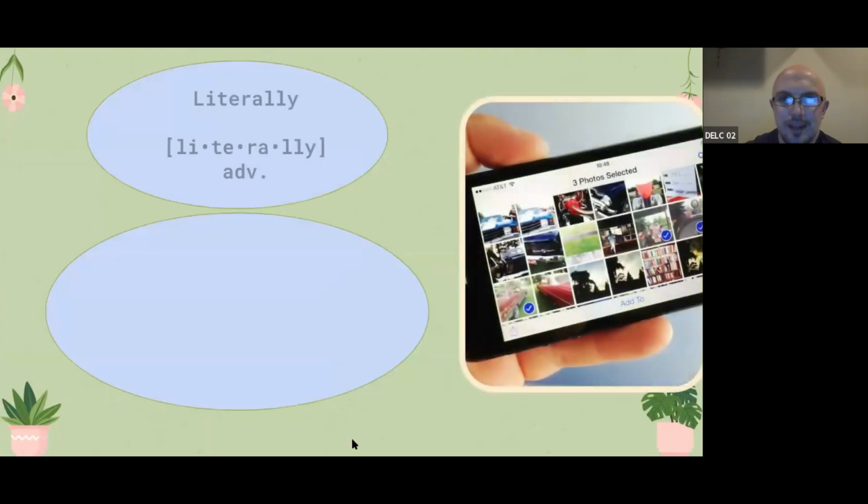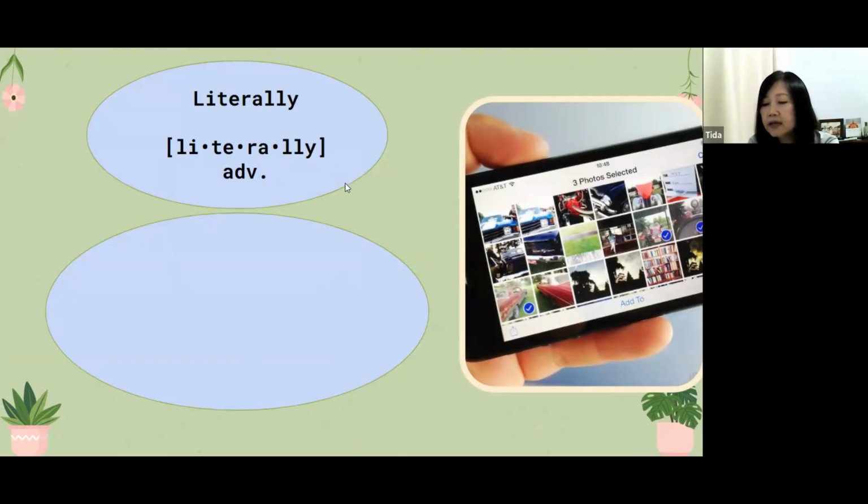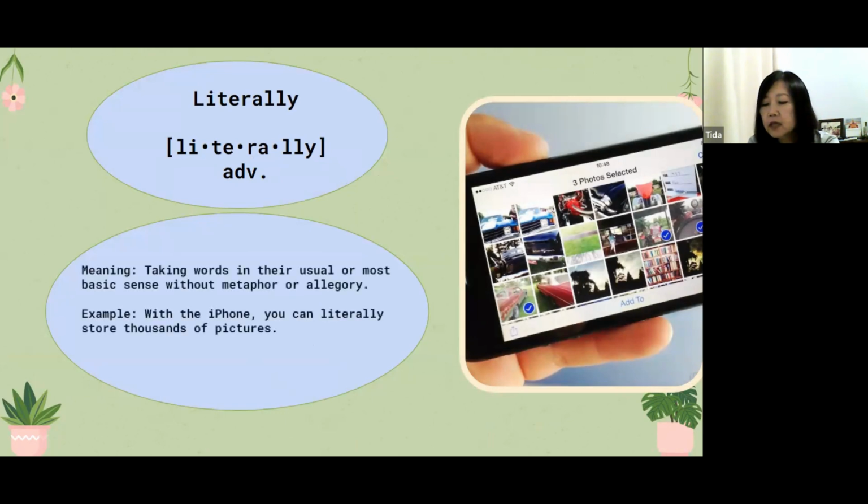Okay. And next, literally. Everyone, can we say literally? Literally. So literally means when you read the word or hear the word, you are going to understand the word for its real meaning.